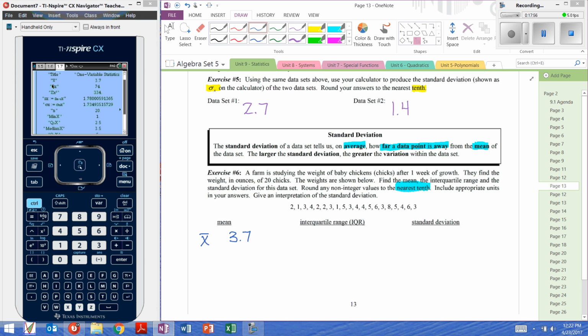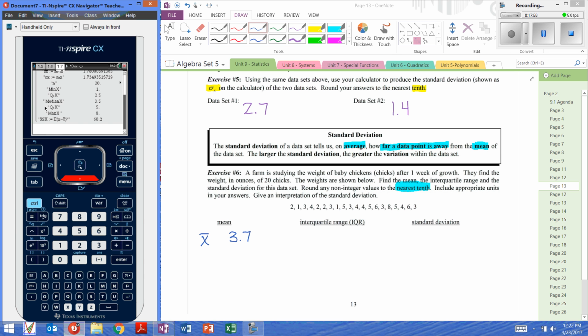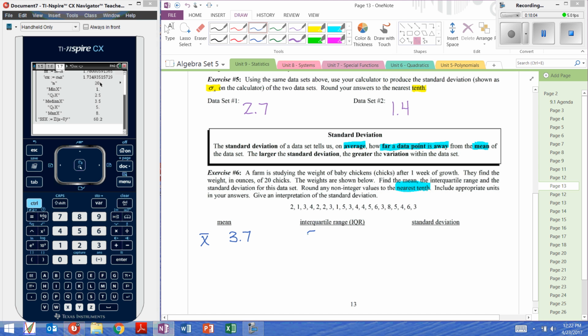The interquartile range just requires a little bit of calculation. My quartile 3 minus quartile 1, so that's 5 minus 2.5, which is 2.5. It says include appropriate units. So what we're dealing with is chicks.